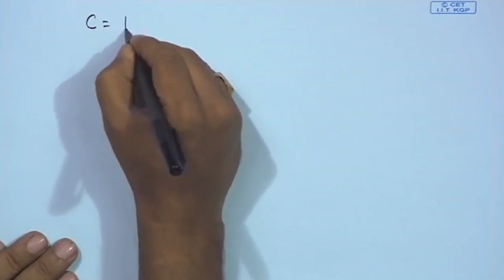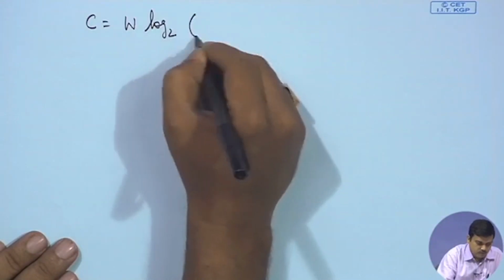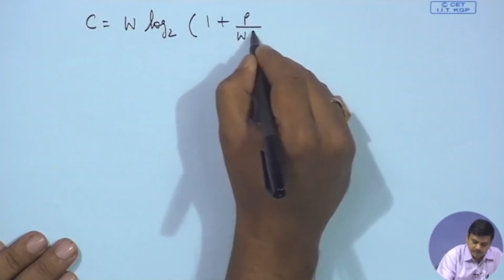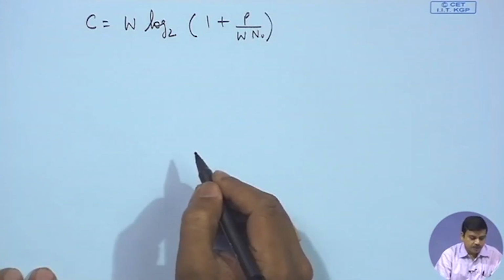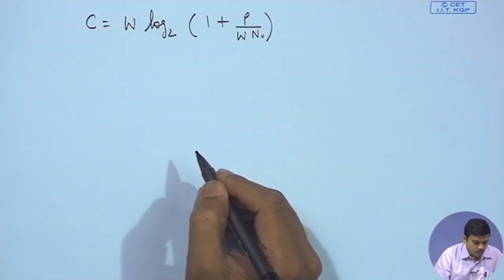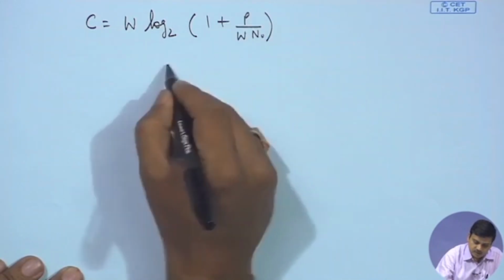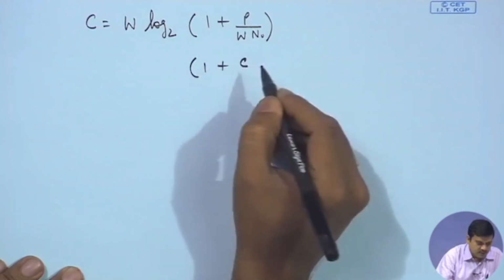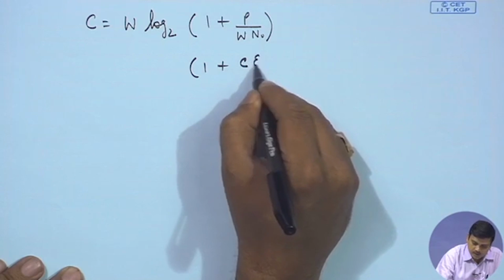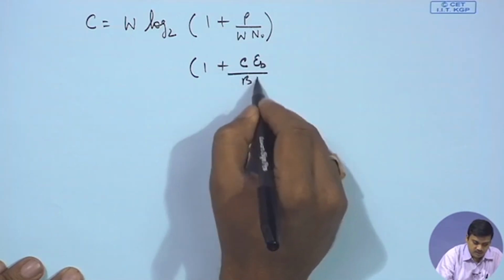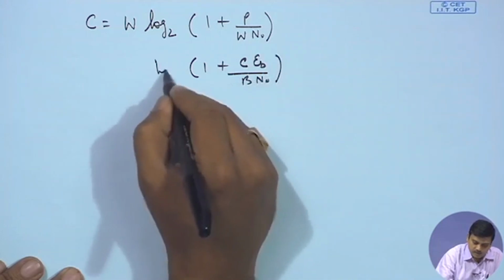So, let us look at the expression C is equal to W log base 2 of 1 plus P upon N naught W. I am writing P for short notation. So, we could also write this in terms of 1 plus C times Eb, bits per second times energy per bit, divided by N naught W, log base 2.